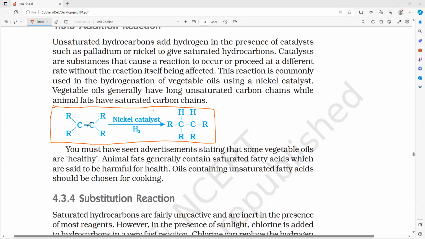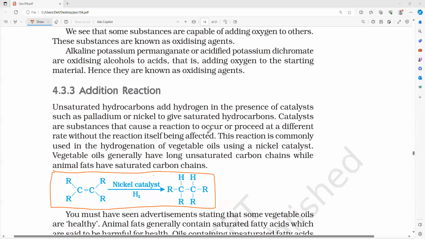So basically we have a double bond or a triple bond in the presence of nickel as a catalyst. Actually, we have to add hydrogen here, plus heat will come. It will be converted into a saturated hydrocarbon. That is called an addition reaction.